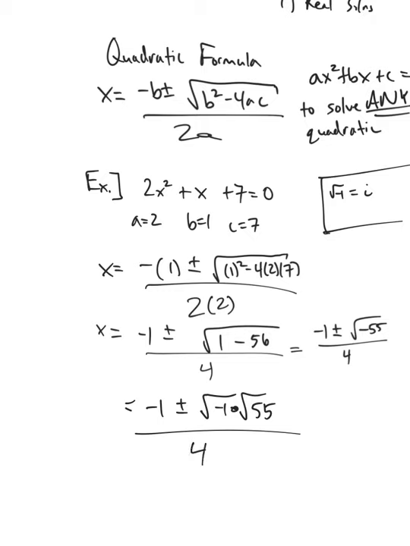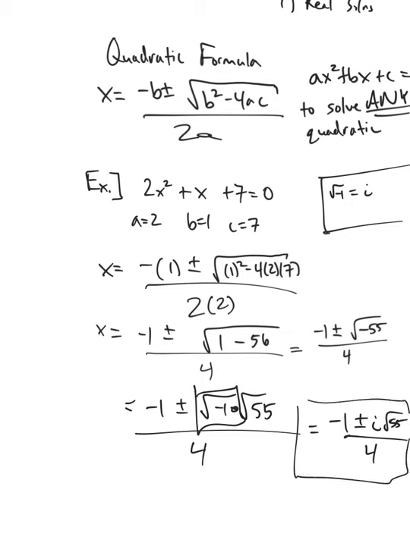So the square root of -55, you could write that as the square root of -1 times the square root of 55. And so that's where we can take that square root of -1 and simplify that to i radical 55 over 4. And so that would be our solution to this quadratic. There are two solutions, our two imaginary solutions.